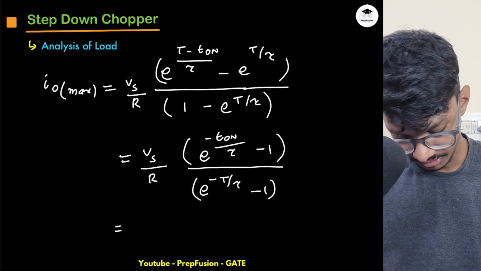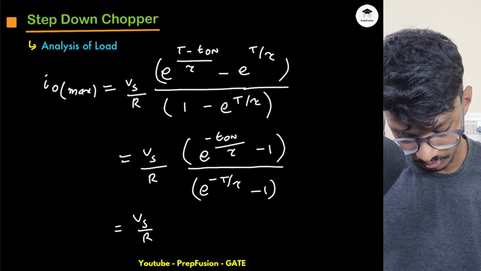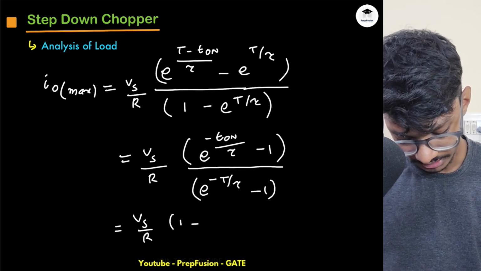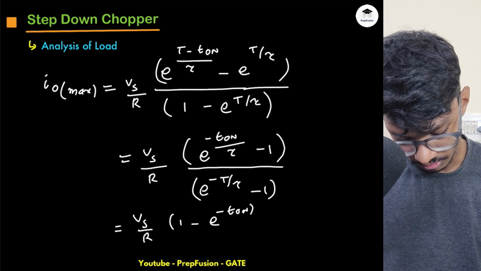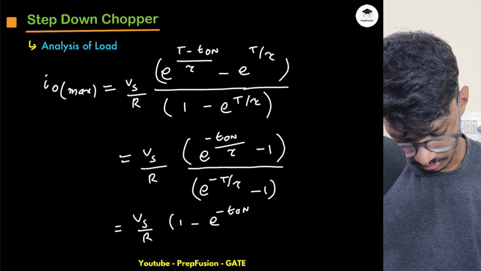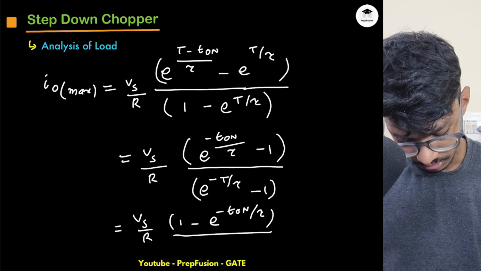So again I can multiply minus 1 on both sides, just to tidy this up. This will be 1 minus e raised to power minus t on upon tau, divided by 1 minus e raised to power minus t upon tau.